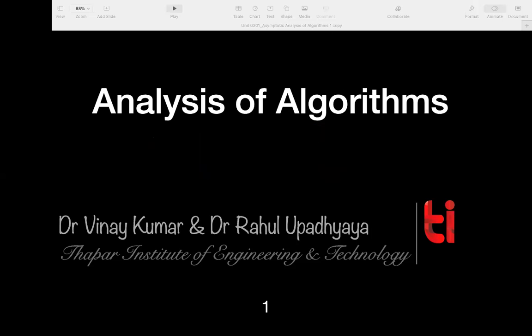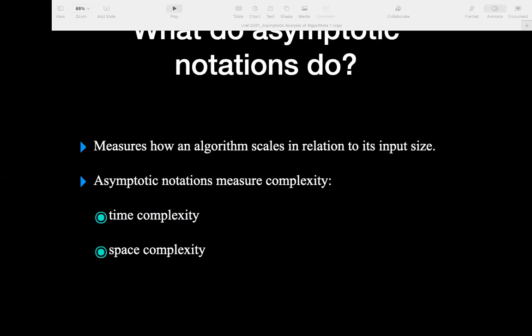But the whole point is that with the help of analysis of algorithms, or by calculating a specific type of variable, we will be able to find out whether our algorithm is good or not, or whether we can optimize it further or not, right? Okay, so let us start.